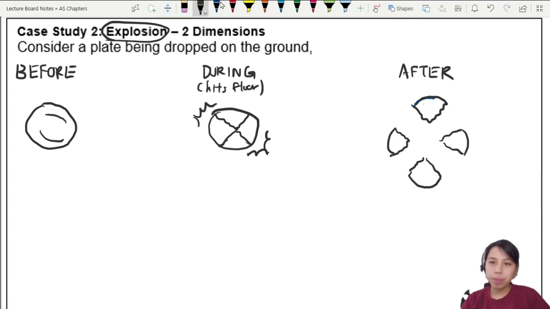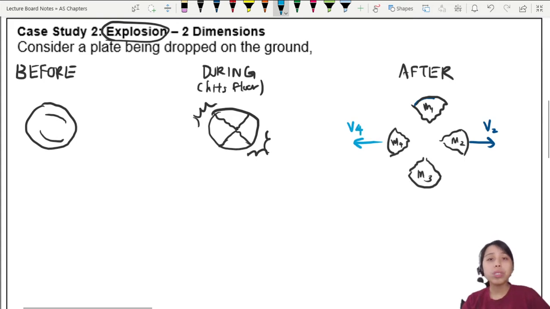Basically, there are 4 pieces. So this will be M1, M2, M3, M4. Horizontally, one piece moves to the right with a certain velocity. One piece moves to the left with another velocity. Let's call this M4.